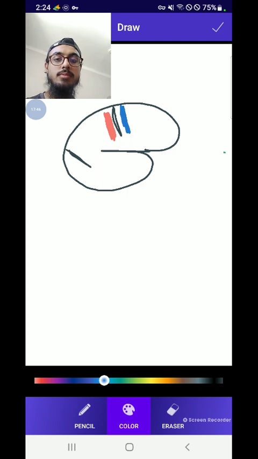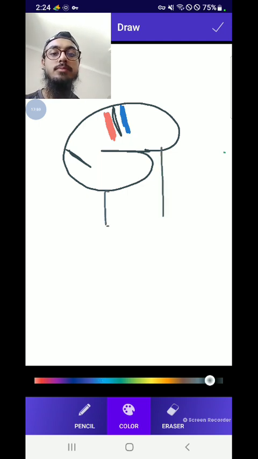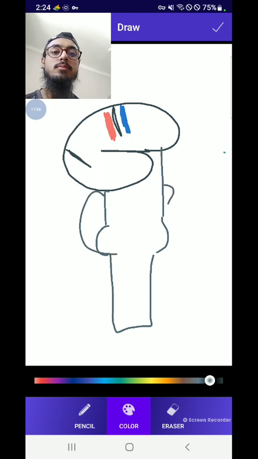Okay, now I draw a little bit more structures. This is the cerebellum. Here are some nuclei deep in the spinal cord and the brain stem.